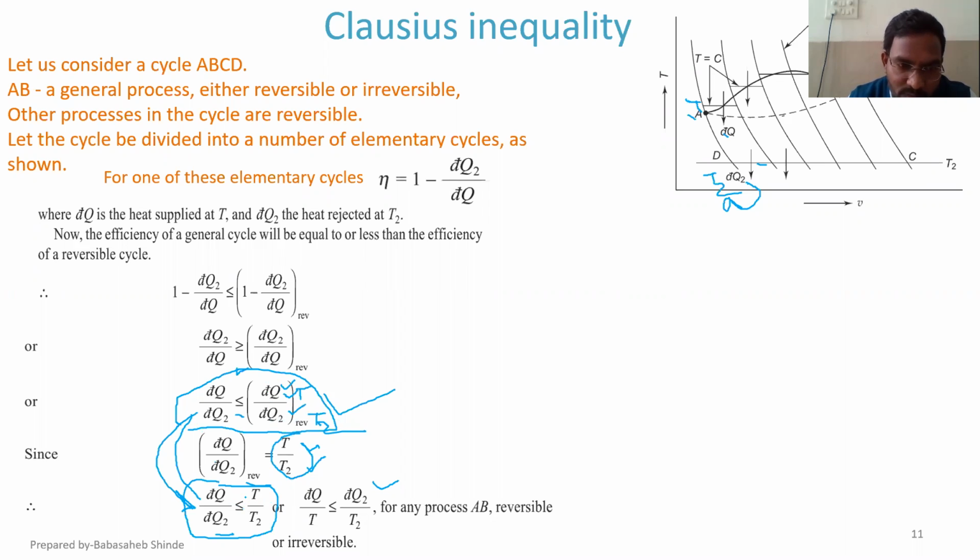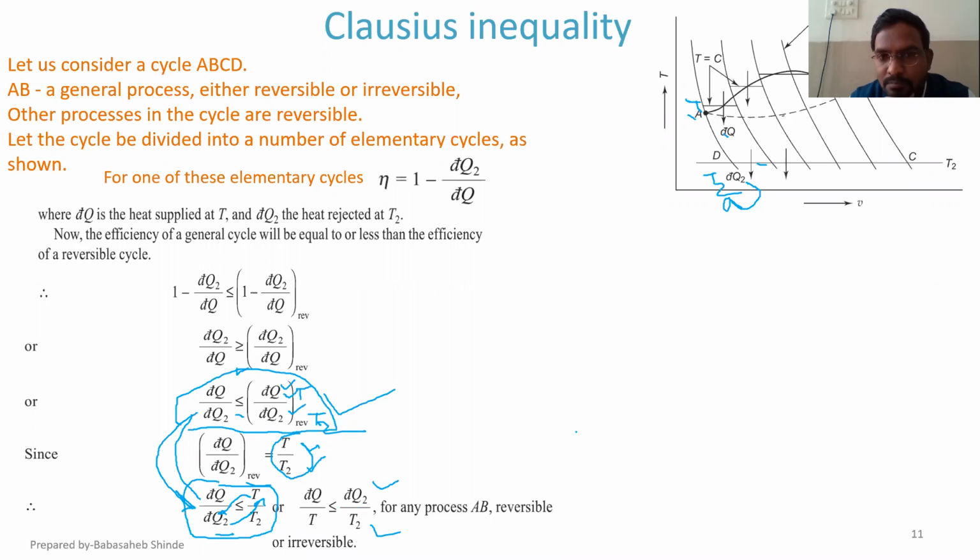And here we take this T in the denominator and this dq2 in the numerator. So you will get dq by T less than or equal to, the sign remaining the same as before, and this dq2 will go to the right hand side divided by T2 as it is. So you will get the relation dq by T less than or equal to dq2 by T2.